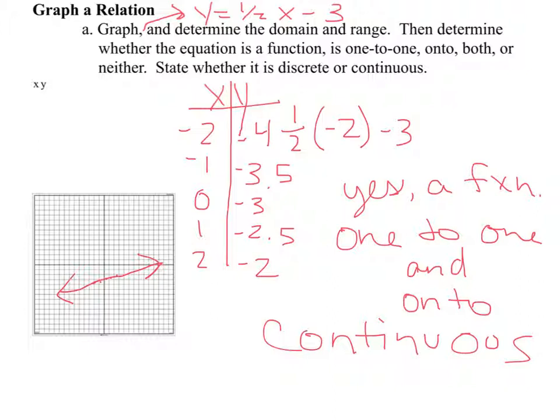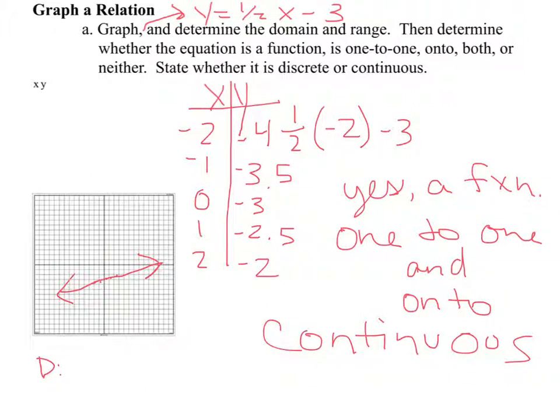They also say that they want the domain and range. If we're talking about the domain, we know that it's talking about x values, but since this isn't points, we're not just using these. We want to see, does it go to the right forever and does it go to the left forever, and are there any gaps? In this case, since it's going this way forever and ever, it'll cover every x value this way, and since it's going this way forever, it'll cover every x value that way.